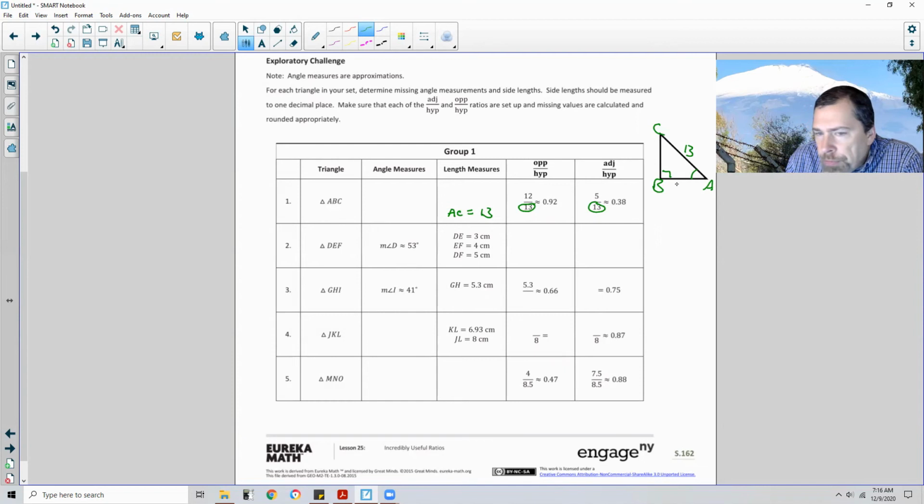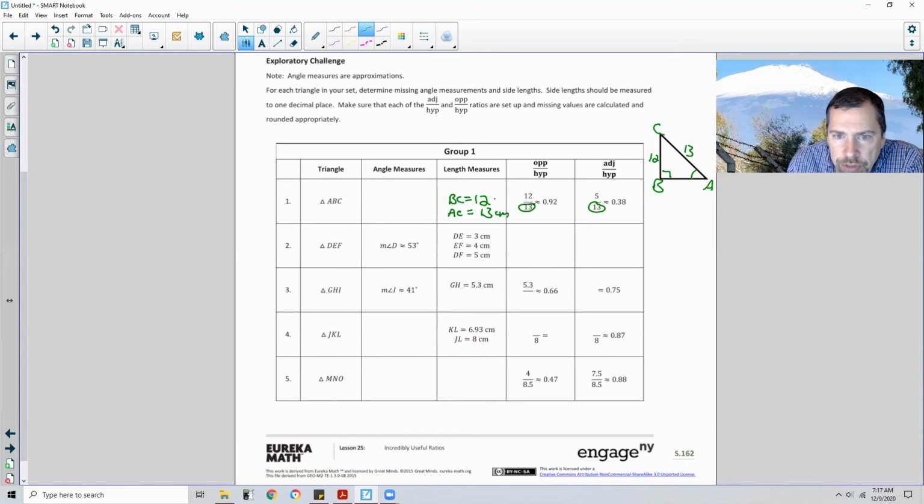Okay, so here's angle A, here's B, and here's C. Opposite B is AC, and that's 13. Opposite over hypotenuse, the opposite to A is 12. That'd be over here, and that is BC. So BC equals 12. And as I'm looking down here, I see centimeters.